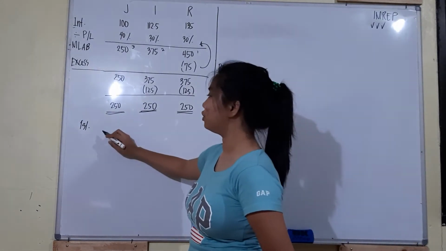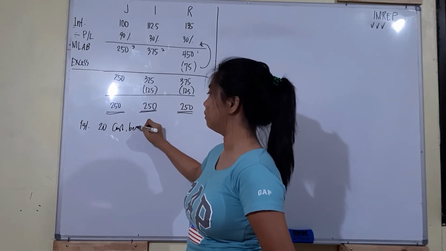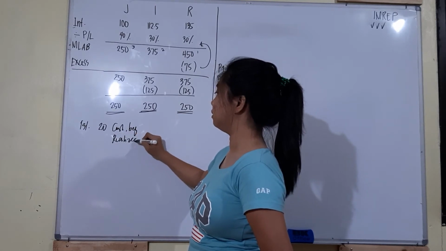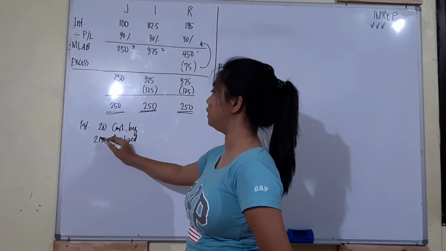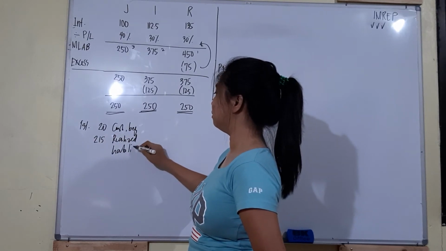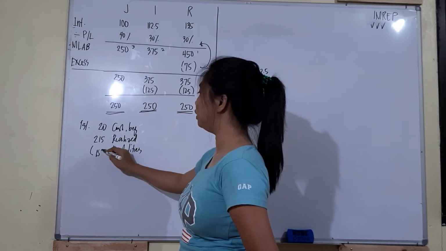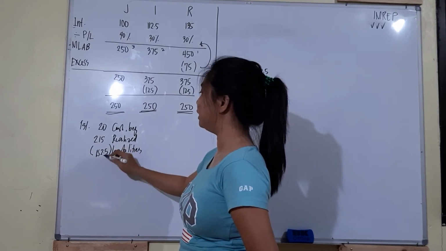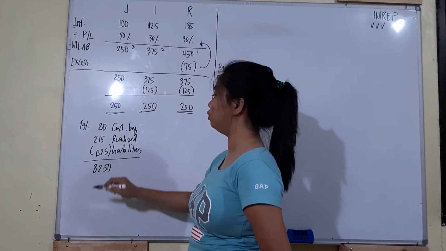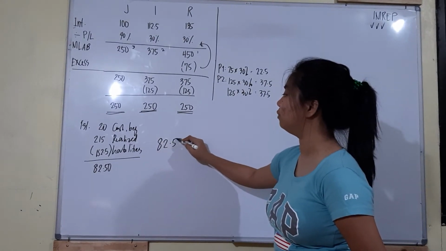So, we have a cash beginning, realized asset na 215, and liabilities paid na 152,500. Kaya nagkaroon tayo ng cash available for distribution na 82,500.